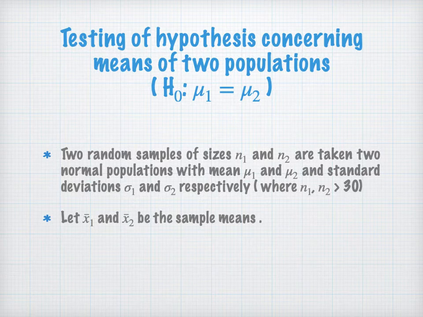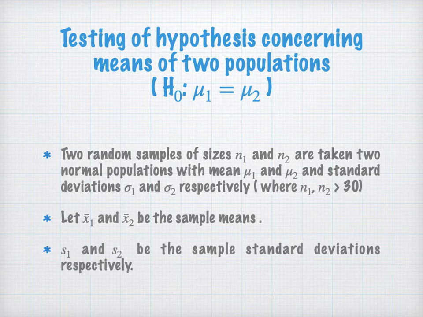So we have to reach an inference based on the sample we have taken. Therefore, x1 bar and x2 bar play a very important role. Similarly, S1 and S2 are the sample standard deviations, that is, those calculated from the sample.